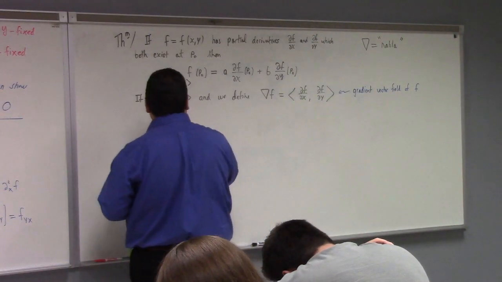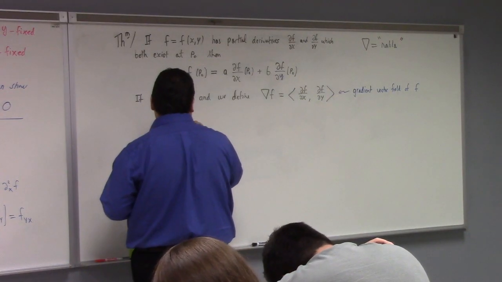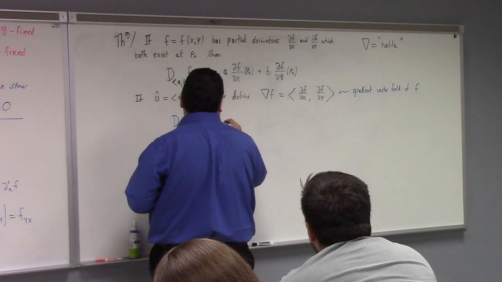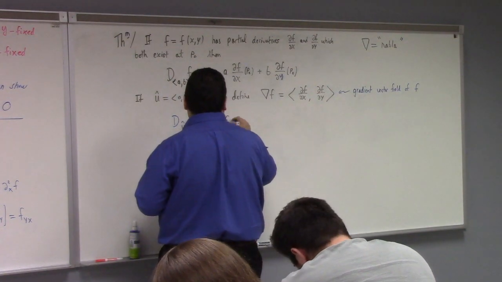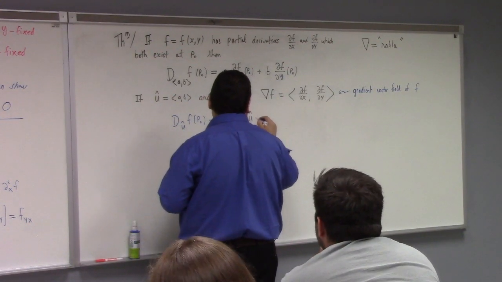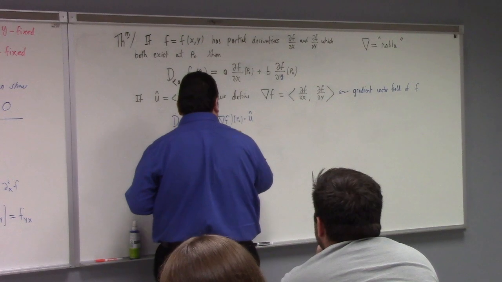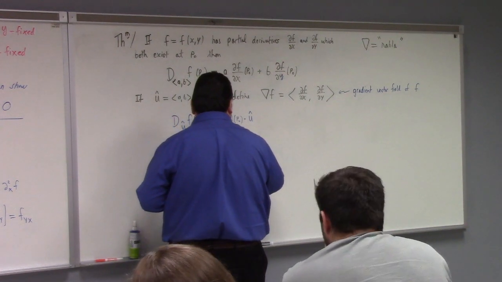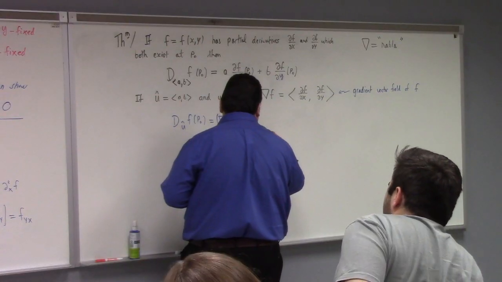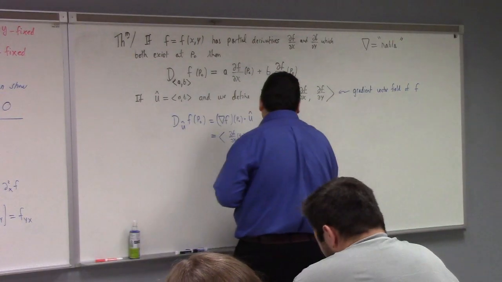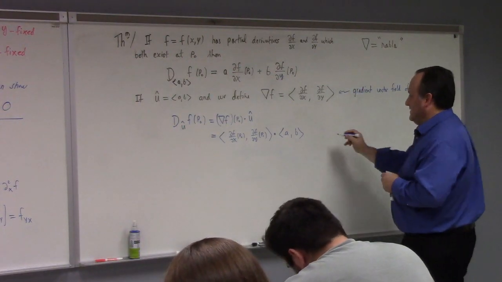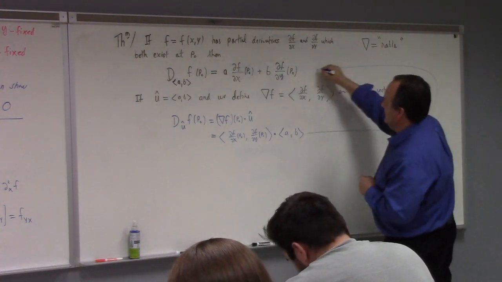We can write the directional derivative in the u hat direction of f at the point p naught simply as the gradient of f evaluated at the point p naught, dot product with u hat. See, because that is (partial f, partial x at p naught, comma, partial f, partial y at p naught) dotted with (a, b), which is exactly this.